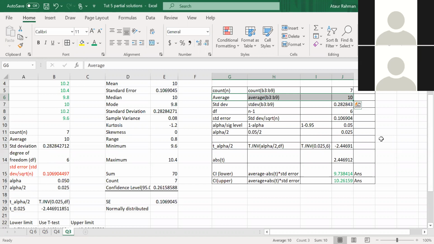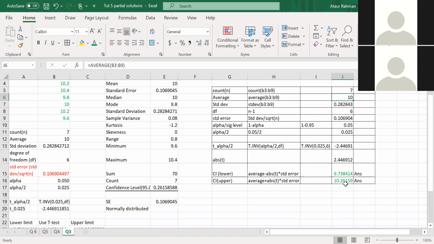And I can take hundreds and thousands of samples. And the bigger number of samples I take, I'll get a more accurate answer, is that right? And I'll get a more accurate average value of the ion. But since I have taken only 7 samples, there is a lot of sampling variability in the mean that I am estimating. So that's why I'm trying to give a tolerance limit or error limit to my estimation of 10. So I'm giving a 95% confidence interval of the mean this way, 9.73 to 10.26.